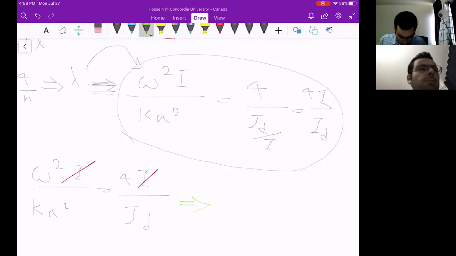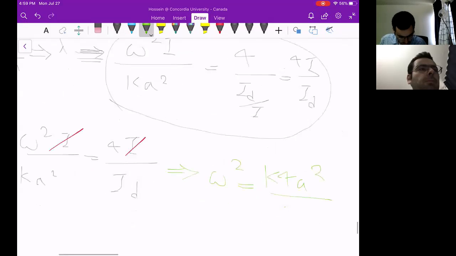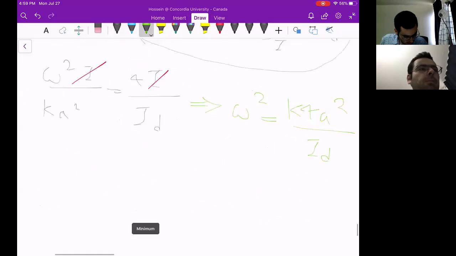Then omega squared is 4 k a squared over i d. Therefore, the excitation frequency is going to be the square root of 4 k a squared over i d.